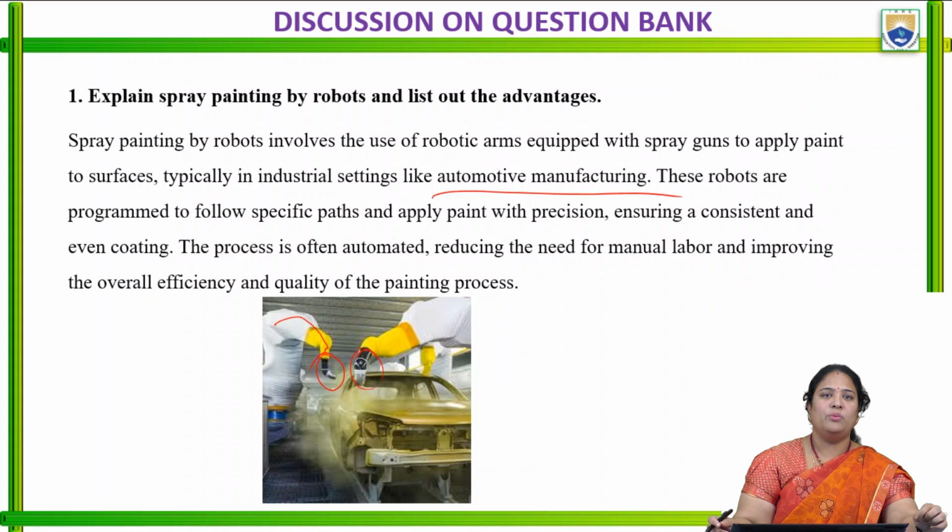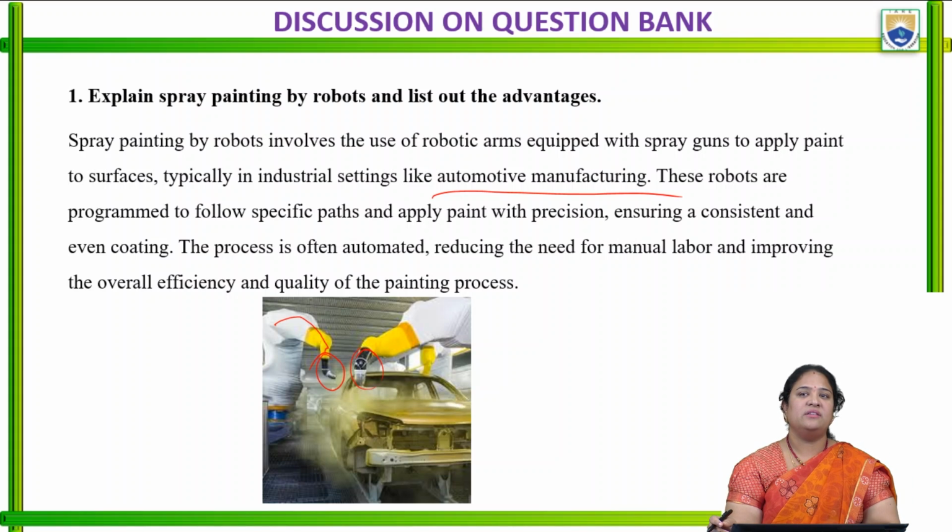These robots are programmed to follow a specific path and apply paint with precision, ensuring a consistent and even coating. The process is often automated, reducing the need for manual labor and improving the overall efficiency and quality of the painting.